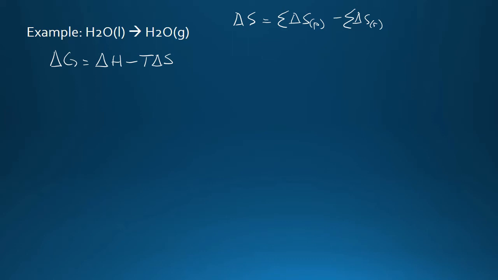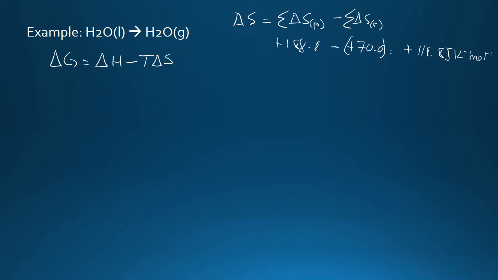You can find the numbers for liquid water to gas water in section 12 of your chemistry data booklet, but I'm just going to plug them in now. So you get positive 188.8 minus positive 70.0. This is going to give you a positive 118.8 joules per Kelvin per mole.